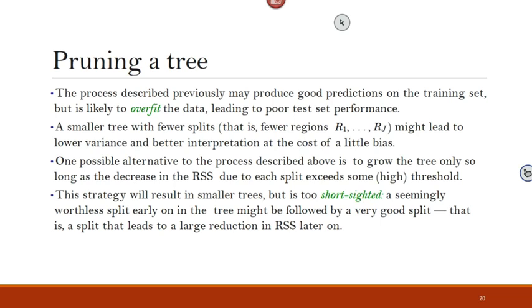You build large, go small, small, small, and at some point, after doing it multiple times, you can select which size among the different sizes that you cut is the perfect size for your tree. Okay, do we understand the concept here?